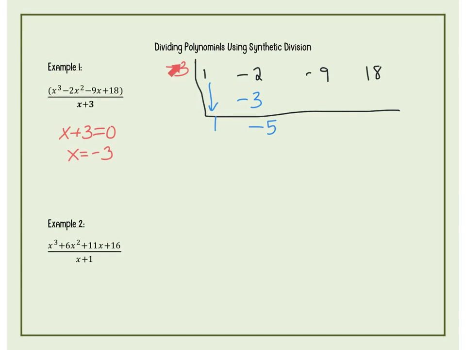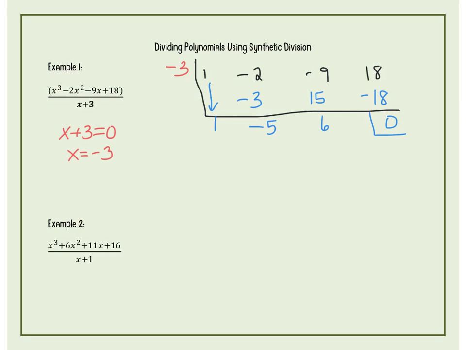Multiply with the number on the outside. Negative 5 times negative 3 is a positive 15. Add these together. Negative 9 plus 15 is a positive 6. Multiply with the number on the outside, we get negative 18. Add those two numbers together, my remainder is 0. Okay, so there is no remainder.